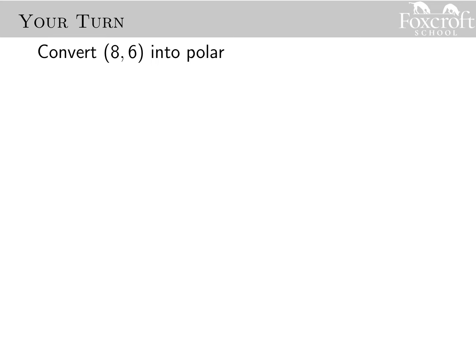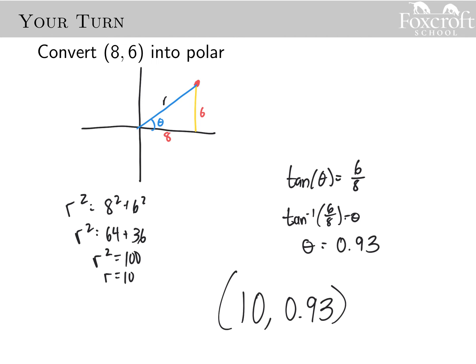So go ahead and try this one on your own. Convert the point (8, 6) into polar coordinates. And this is what you should get. So you find the point, you can make a right triangle where the bottom, the x side is 8, the height is 6.